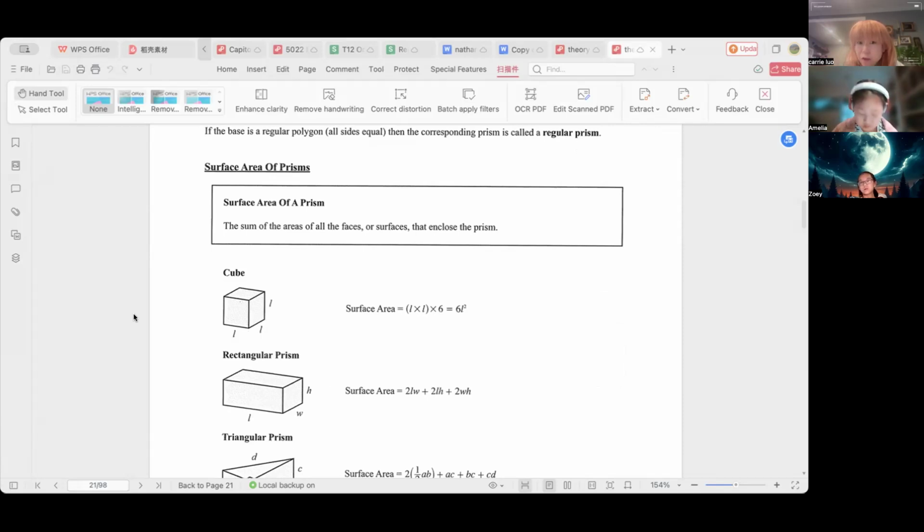Very good, Amelia. So a cube is basically made up of 6 identical squares, correct? So each of the sides should be the same or not the same? Same. So if they're the same, you just calculate one side of them and times 6. Then you get the surface area is L squared times 6. Or A is a line, so A squared times 6.